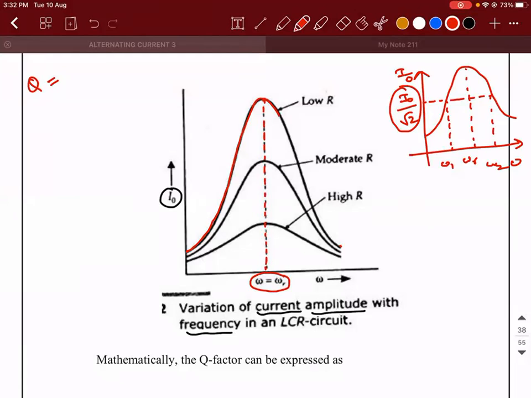It is omega r, and again you can observe that the value of current will decrease. It is actually the same graph drawn for 3 different scenarios. Don't think that you have to memorize these 3 graphs. They are drawn for different cases: a low value of resistance, a moderate value of resistance, and a high value of resistance.